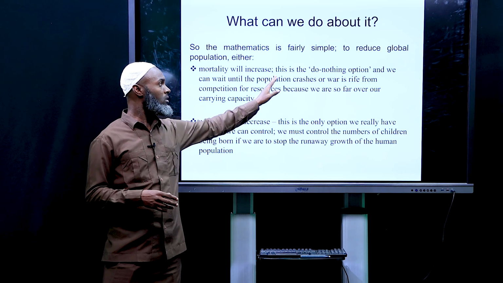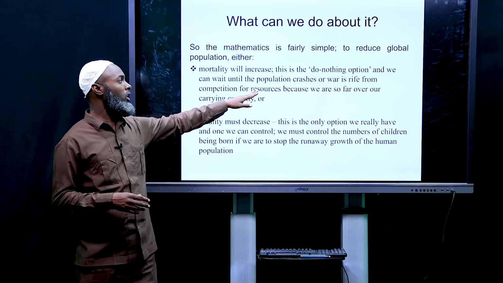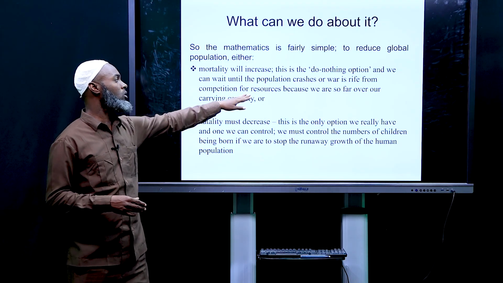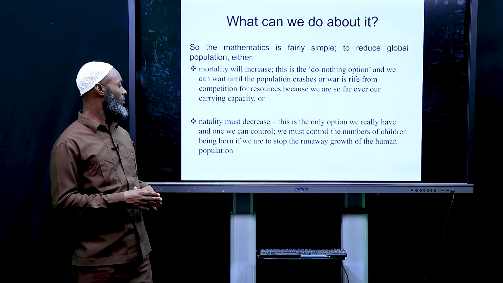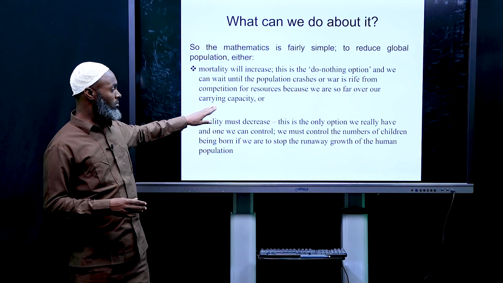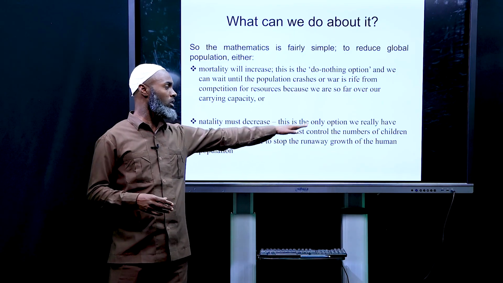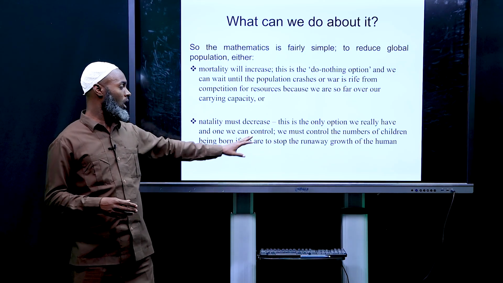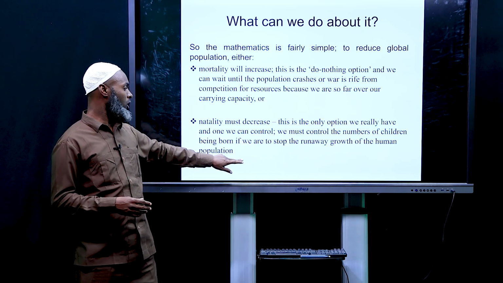If mortality increases, this means a do-nothing option, and we can wait until the population crashes and war is rife from competition for resources, because we are so far over our carrying capacity. Natality must decrease. This is the only option we really have, and we can control it. We must control the number of children being born if we are to stop runaway population growth.